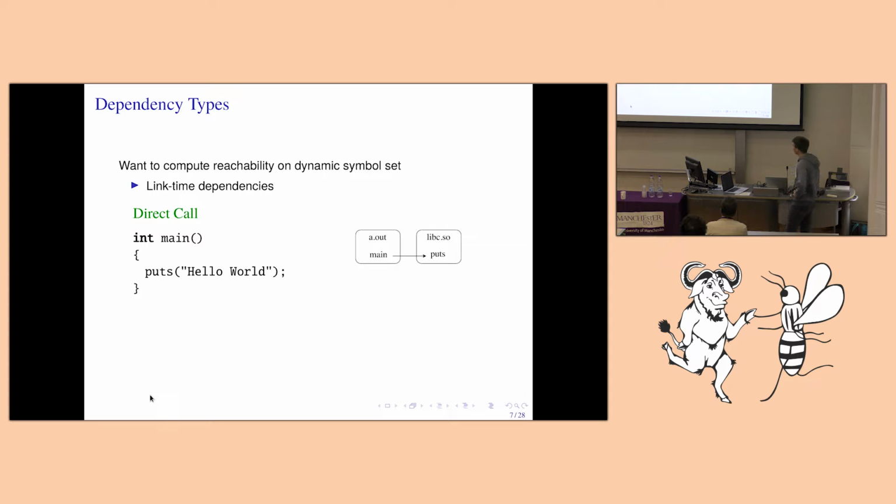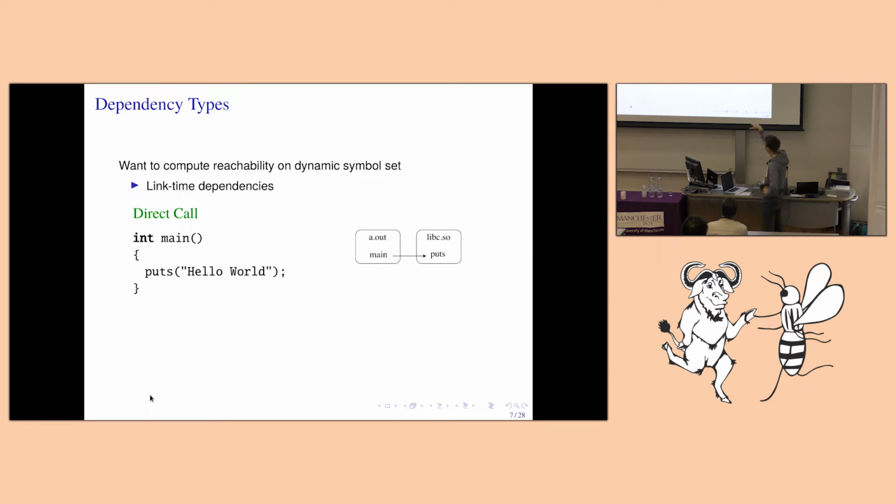About the global graph I've been referring to, we need to build it. The basic concept is a dependency.